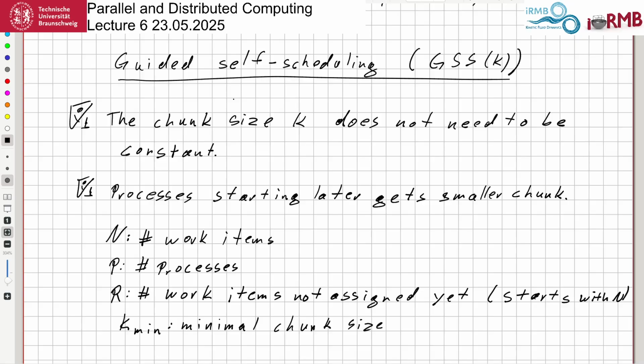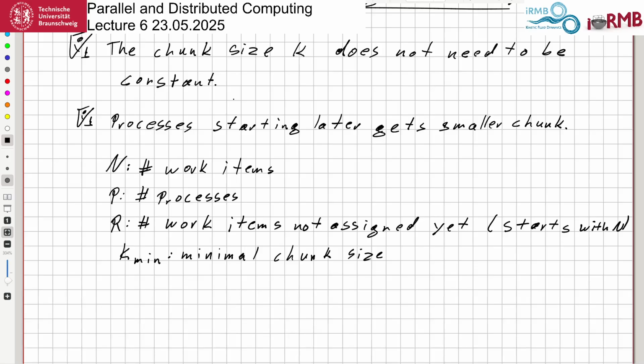So this algorithm works like this: the next idle worker gets the ceiling of, I mean, it must be an integer, so we use the ceiling, the amount of work that is still there divided by the number of processes.